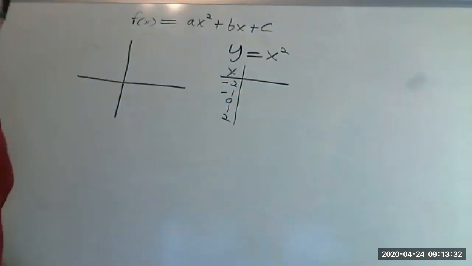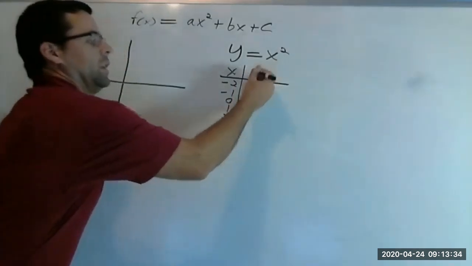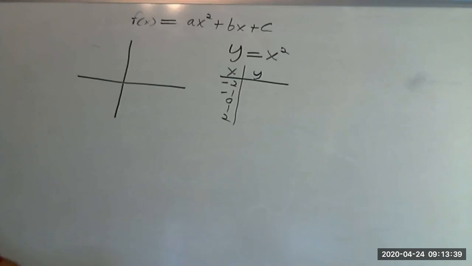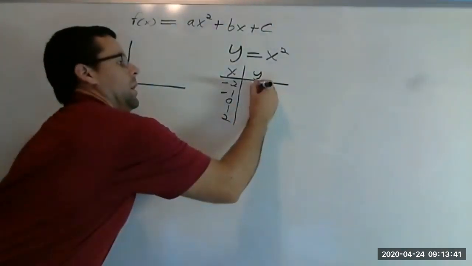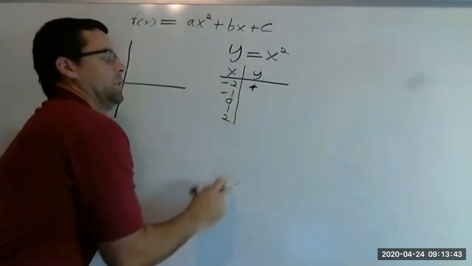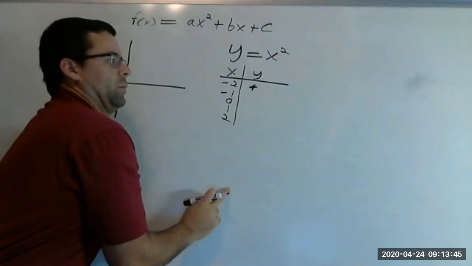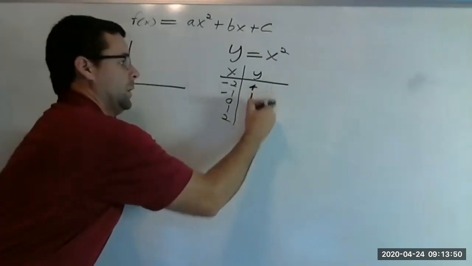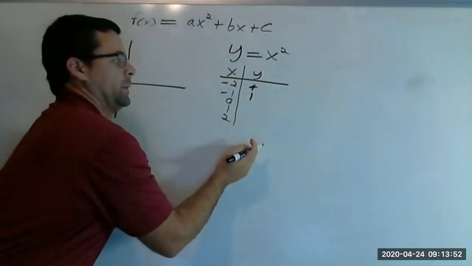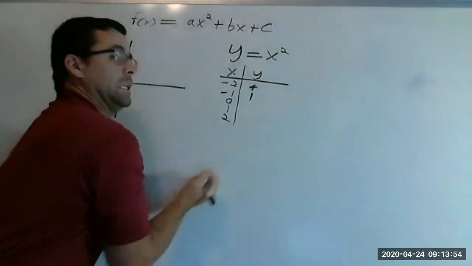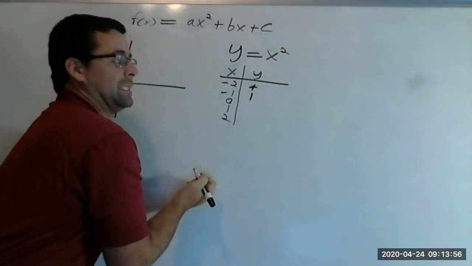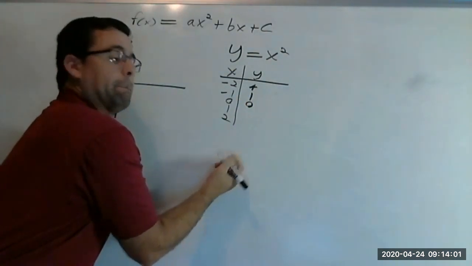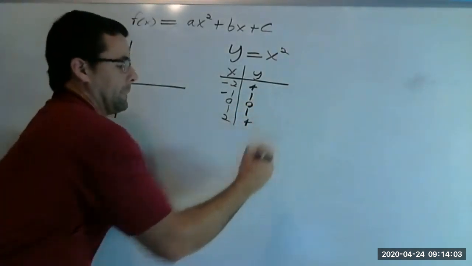If you plug -2 in for x, what does y equal? 4. What about -1? 1. Very good. 0, 1, and 4. Very good.